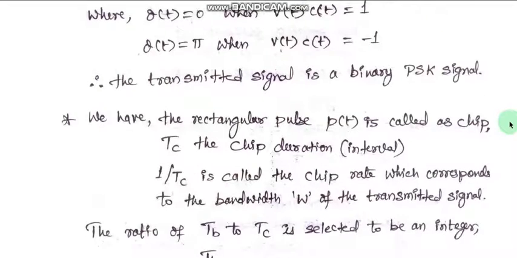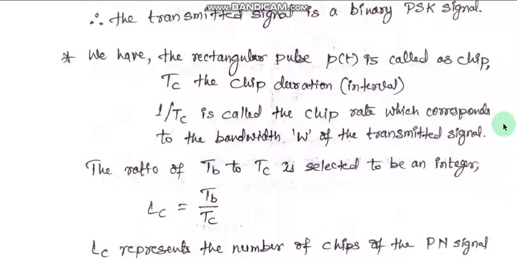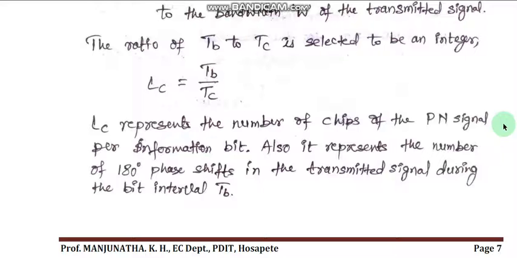So TC is the chip duration, as I told previously. Now we will consider the ratio of the bit and chip durations. Remember, TB is related to the message signal, and TC is related to the PN sequence signal. The ratio of TB to TC is LC, where LC represents the number of chips of the PN signal per information bit.